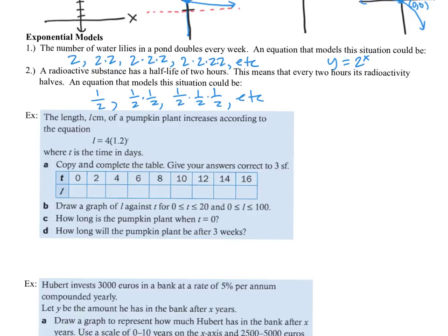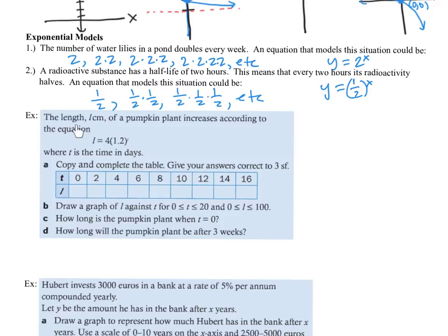So one equation that could model this scenario is the function y equals 1/2 to the x power. Now you'll see that that base falls between 0 and 1, and that's what happens when we have a decreasing function. Okay, so let's take a look at a couple of examples of exponential models.